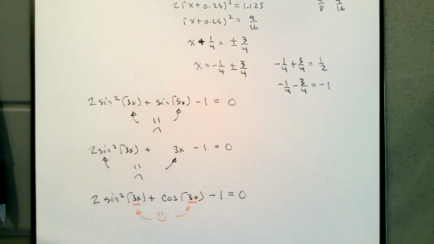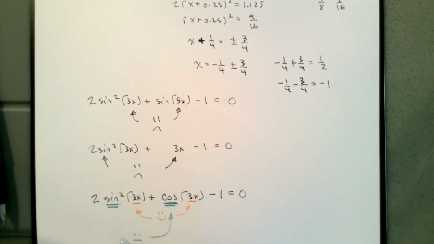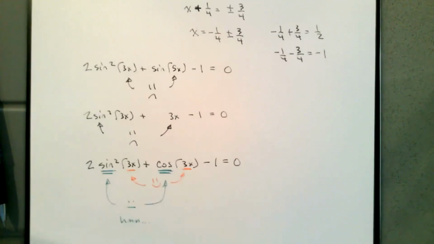But the sine squared and the cosine, the sine here and the cosine, so let me tell you what to do in this situation. Now, we can only do this because we have a sine of 3x and a cosine of 3x.